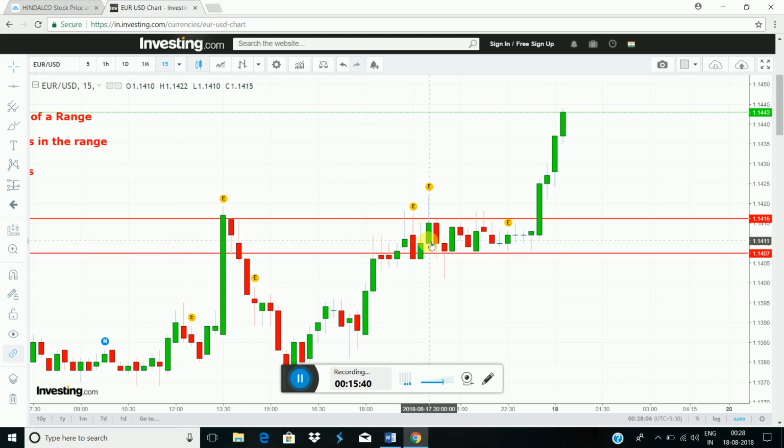And this candle again confirms the bullish momentum which was initiated by this candle right over here. And again, we see an upper shadow which is rejecting the upper prices. So at this particular point of time, I am confirmed that we are now trading in a range.